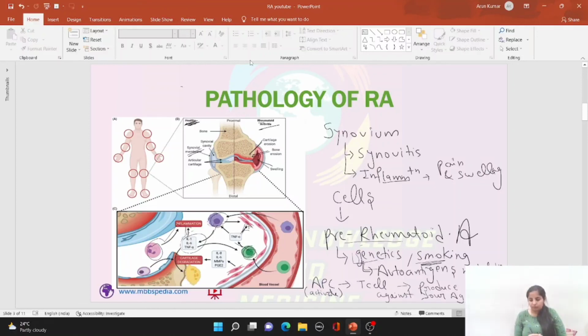So due to this modification, your own immune cells will be foreign to your body.